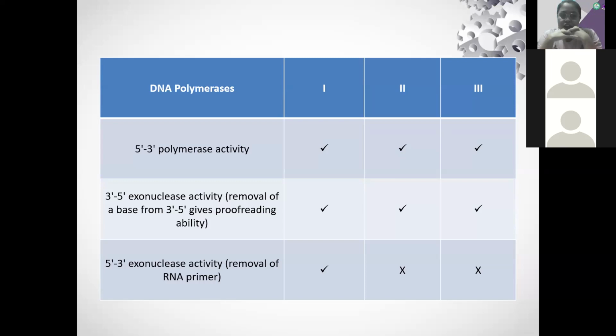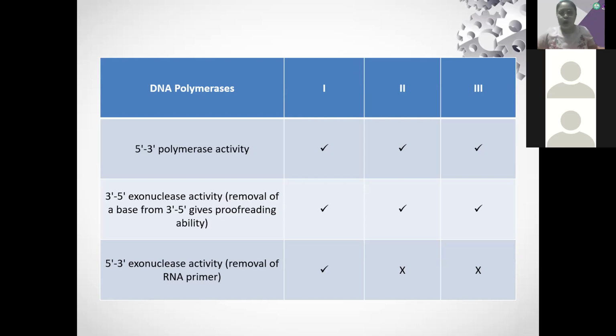Pero yung removal of the RNA primer, only the DNA polymerase 1 is capable of doing that. That's still, that's baliktad, 5'3' exonuclease activity. Babalik siya. Diba 5'3' yung strand natin, yung kabila 3'5'.